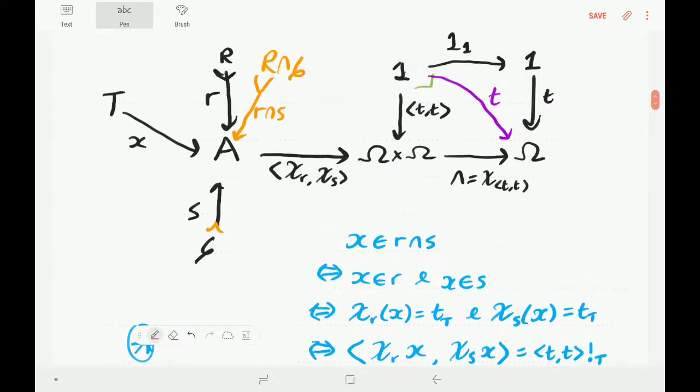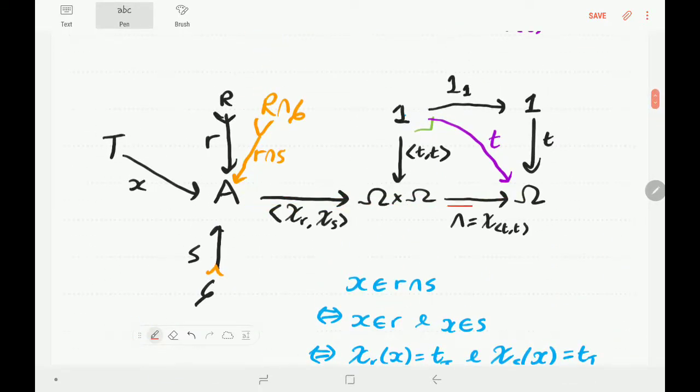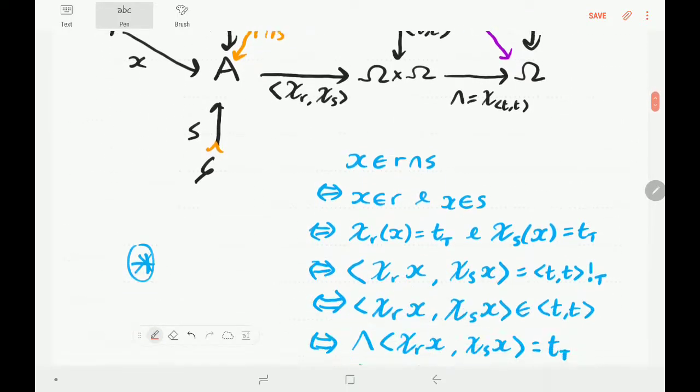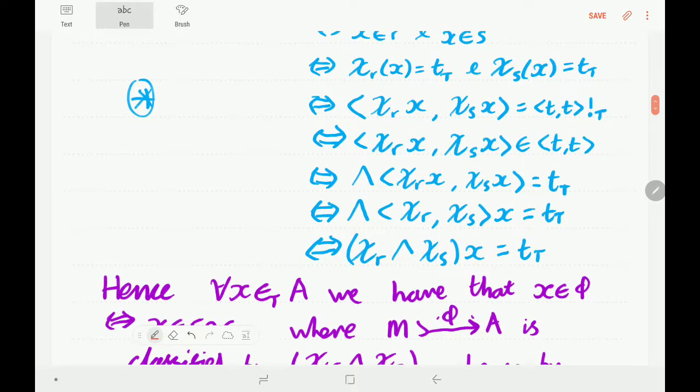What I'm saying is that if we suppose that this horizontal arrow, so just these two, and after chi of R comma chi of S, if we assume that that's the classifying arrow for some monic phi, then that monic phi is equivalent to R intersection S, because this statement here would be equivalent to saying that X is in phi, where the classifying arrow of this monic phi is chi of R intersection chi of S.